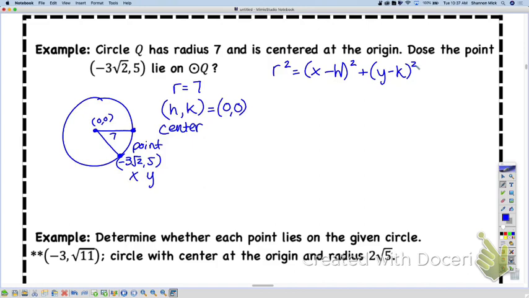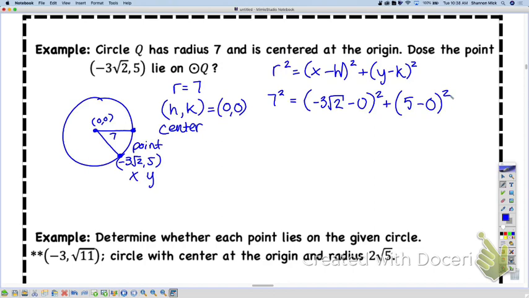Okay, so what's r? 7. So 7 squared equals, what's x? -3 square root of 2 minus h, what's h? 0, squared, plus y, 5 minus 0, squared.